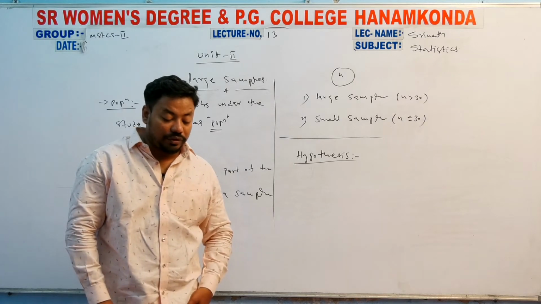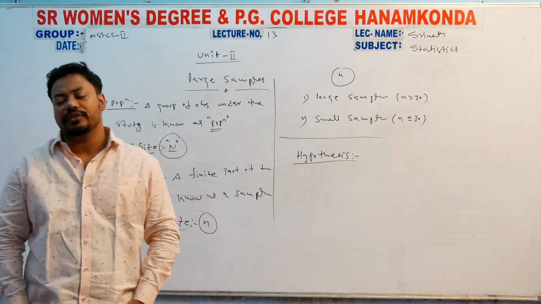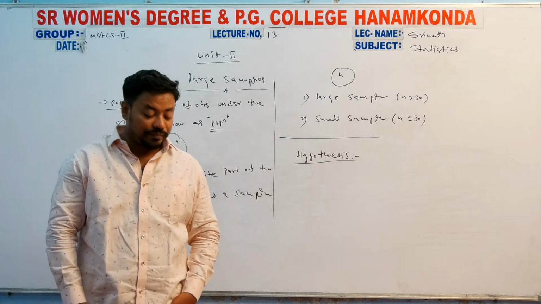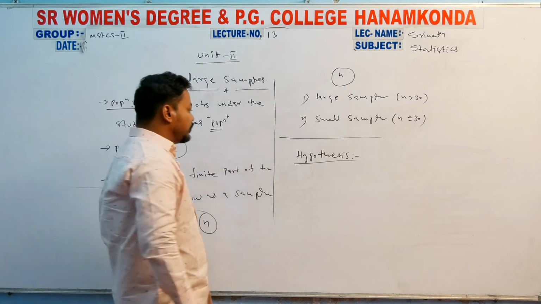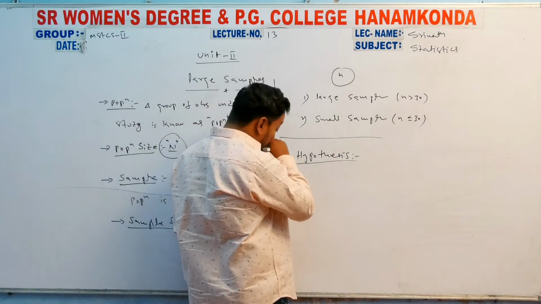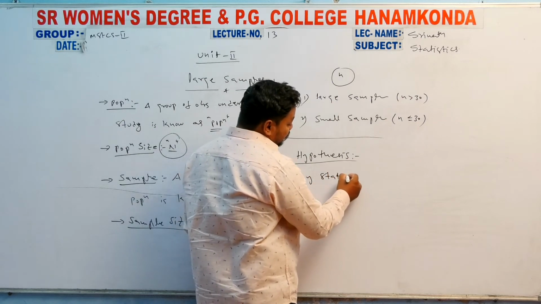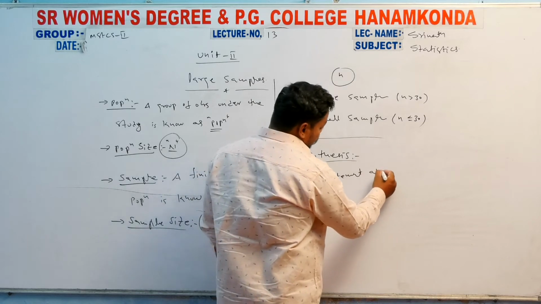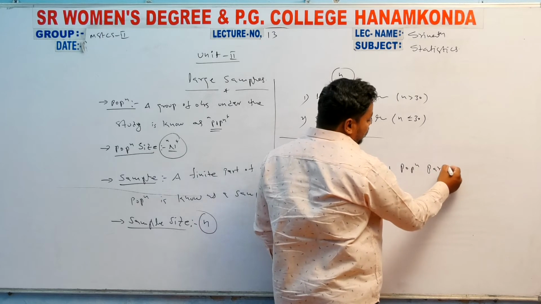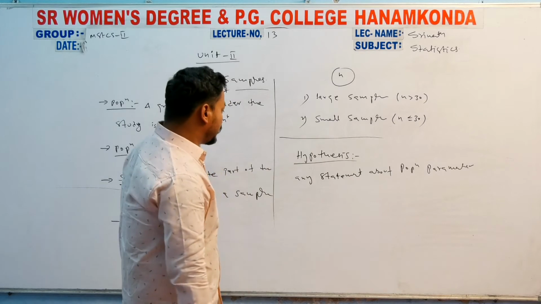Depending on the nature of the hypothesis, it is divided into two types. Hypothesis అంటే any statement about the population parameter is known as a hypothesis.